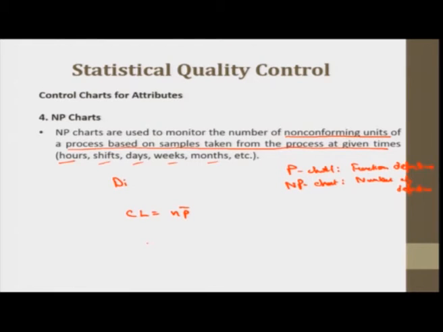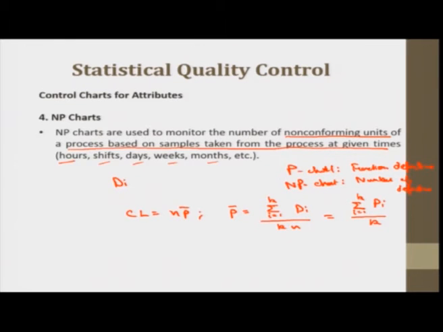Here N is the sample size and P bar is equal to summation of i equals 1 to K, where K is the number of samples, Di by K into N. To put it in a simpler form, it is just summation of i equals 1 to K, Pi by K. This is P bar.